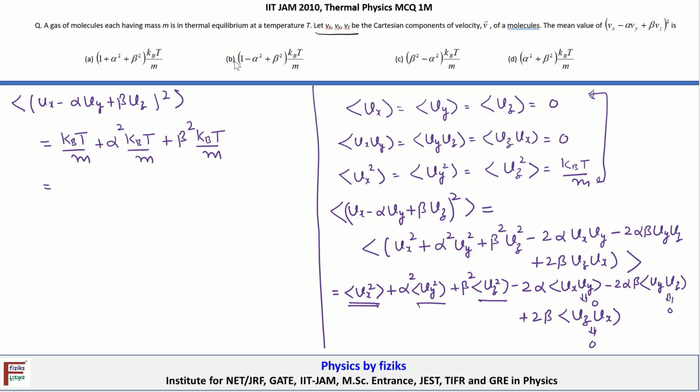This is equal to (1 plus alpha square plus beta square) multiplied by kT by m. Okay, so therefore A is the correct option here.